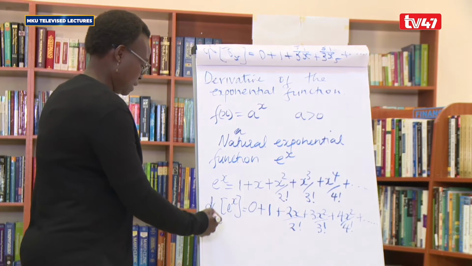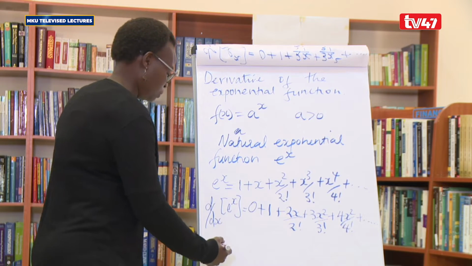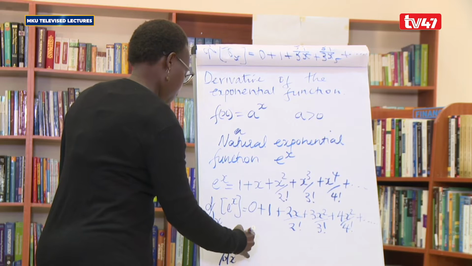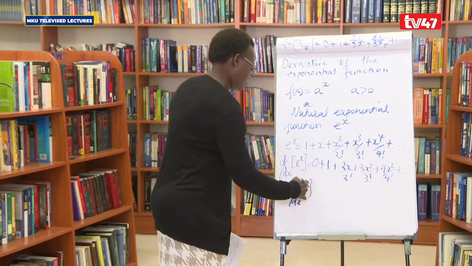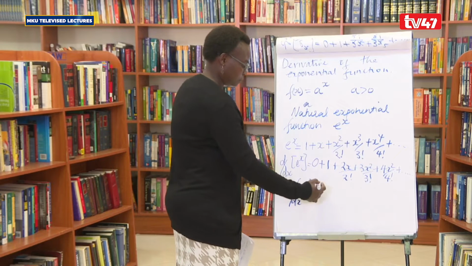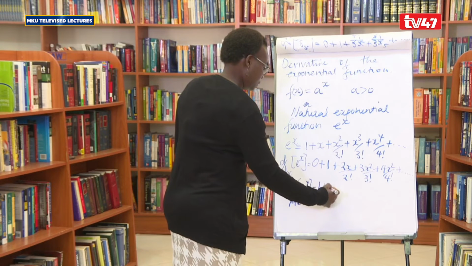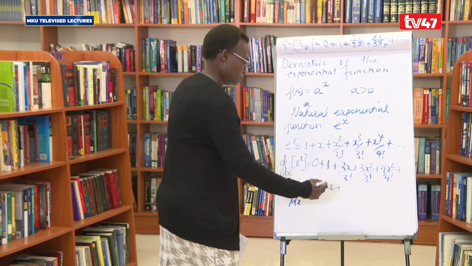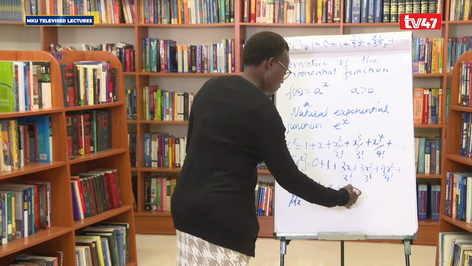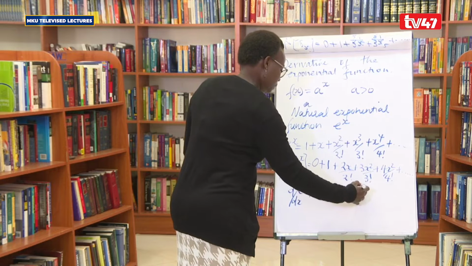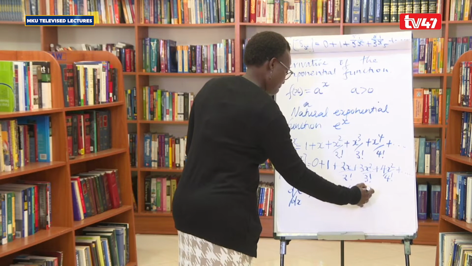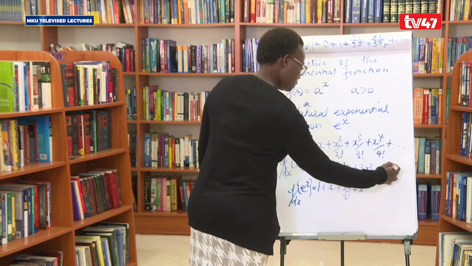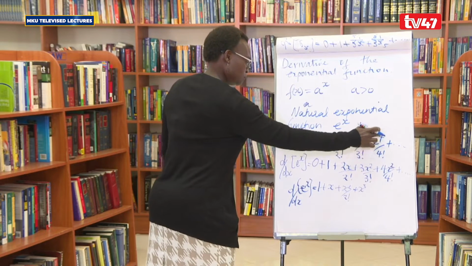So which implies that the derivative of this natural exponential function will give us 1 plus x plus, because the 2 will cancel, x squared over 2 factorial plus x cubed, sorry, that should be cubed because we are finding the derivative of this.